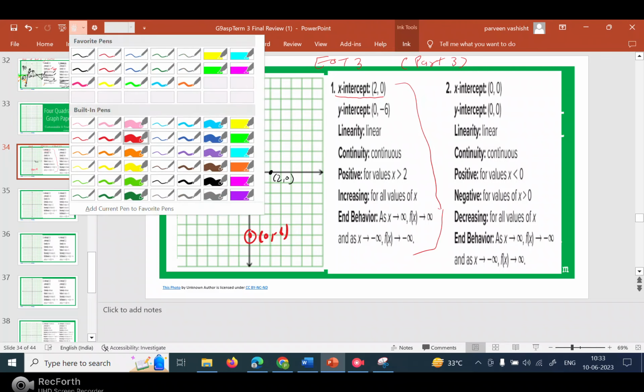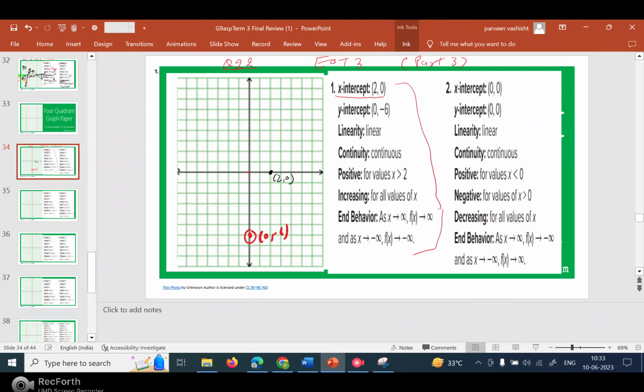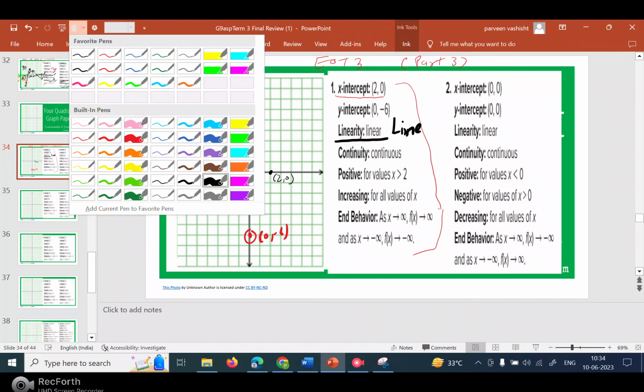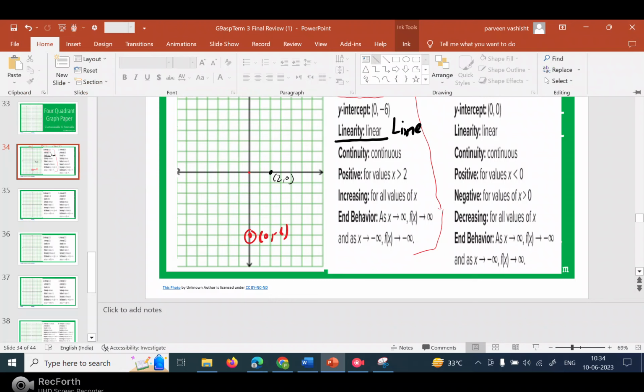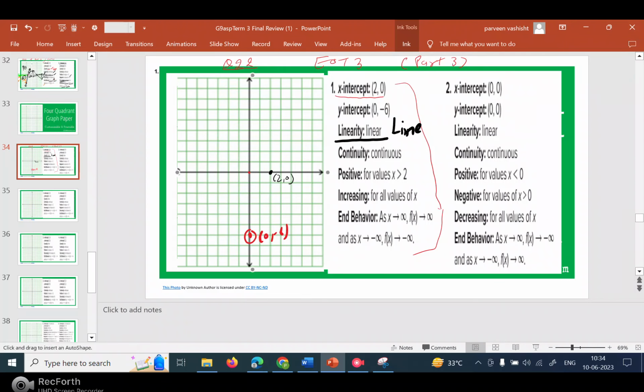After that, I want this graph to be a straight line. Linear means it will be in the form of a line. A linear graph is always a straight line. So you can join these points. You should carry your scale with you so that you'll be able to draw a line properly.